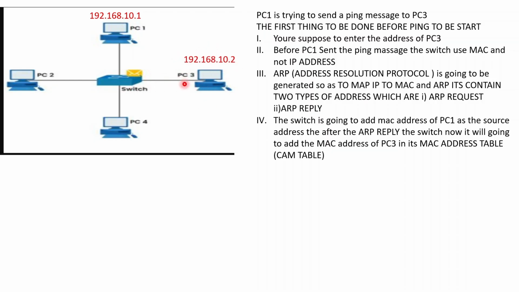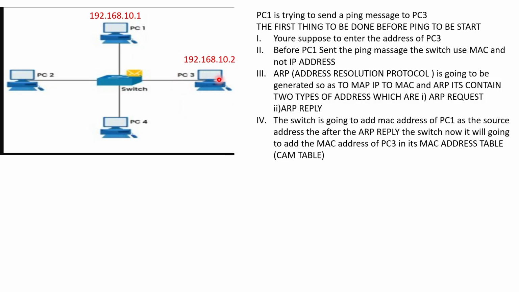So the moment PC number 3 receives the broadcast frame, within it is the ARP message, which is the ARP request. The message says: who is 192.168.10.2? Tell 192.168.10.1.